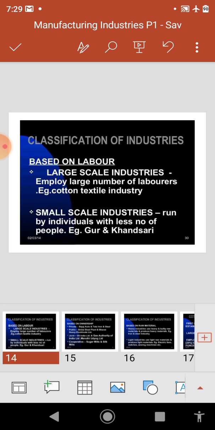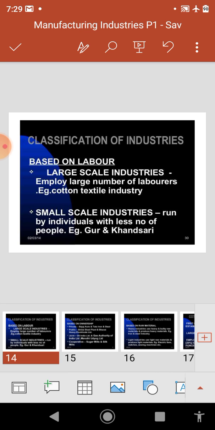With regard to the large scale industries, these are the industries in which capital investment is more than 1 crore of rupees. You can take the example of cotton textile industry, iron and steel industry.